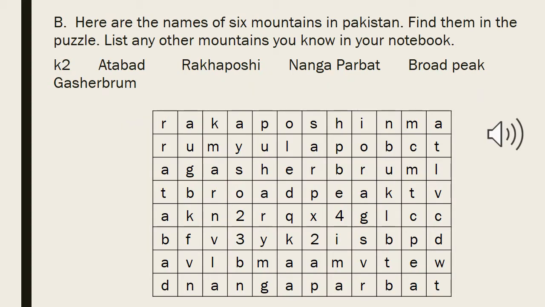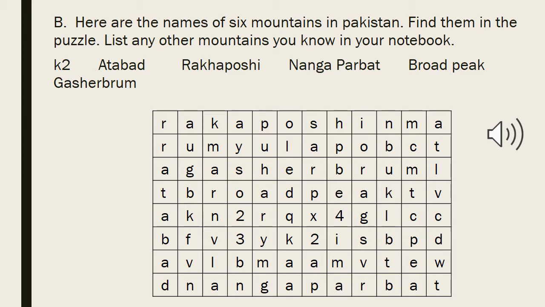Mountains, exercise B. Here you are given some names of the famous mountains of Pakistan and you have to find them in the puzzle given below. Then you have to color them or circle them.